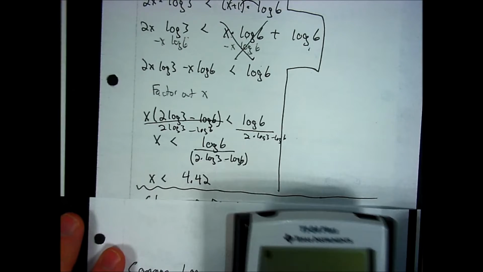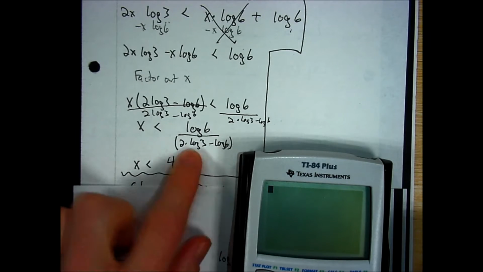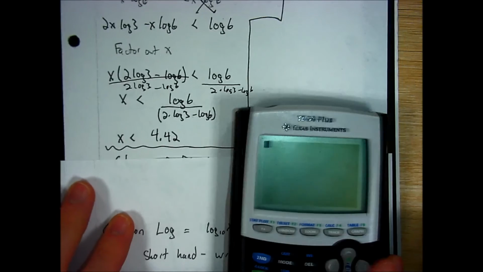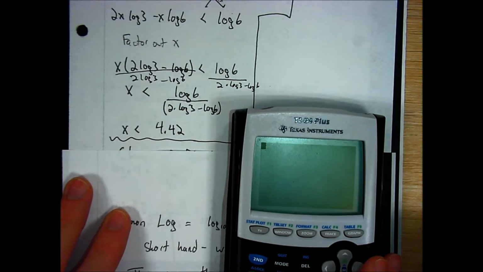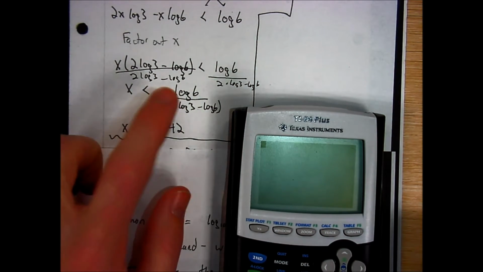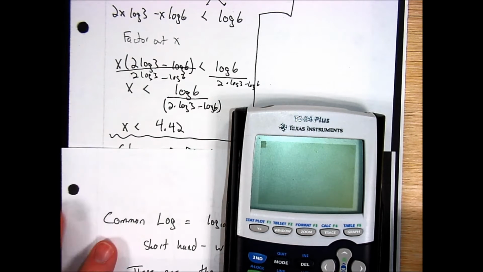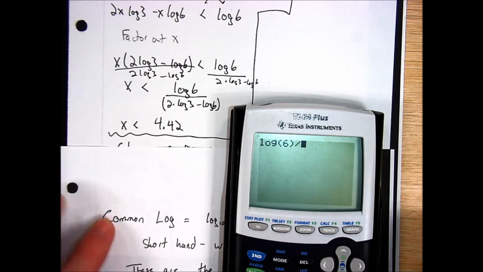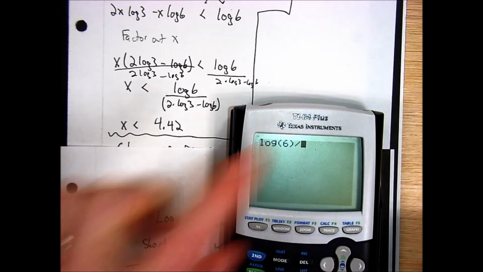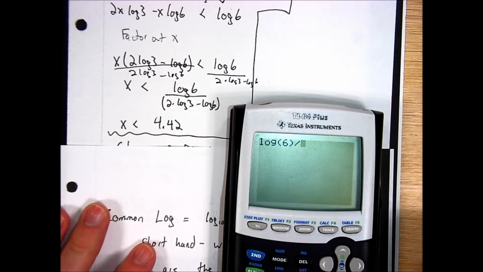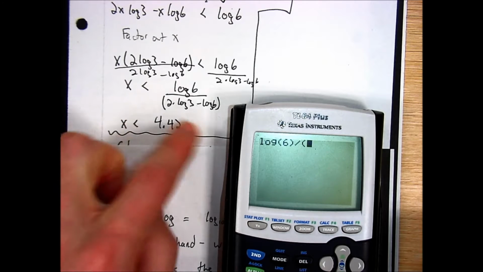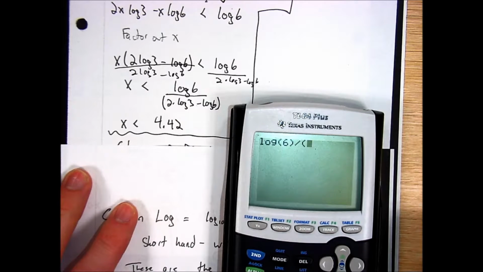I'm going to show you how to type this in without getting lost here, because there's a lot of stuff going on, and we want to make sure that we're able to type this in right. So there's only one thing on the top, so that shouldn't be a problem. Log of 6. Divided by, now there's multiple things on the bottom, so after we hit divided by, we want to put a parentheses right away, because there's going to be a big group of stuff on the bottom. 2 log of 3 minus log of 6.